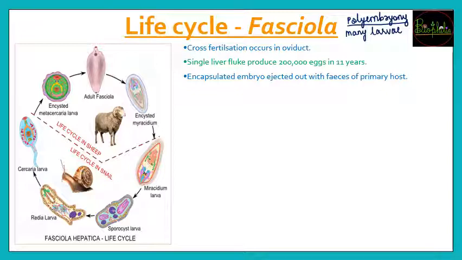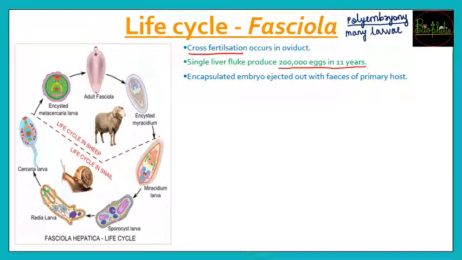So generally जो start होगा of the life cycle, that is going to be with the adult fasciola. So जब adult liver fluke which is going to be reproductively mature enough, there is going to be presence of cross fertilization. So अब जो eggs produce होंगे from the female, that female can produce about 2 lakh eggs in 11 years.